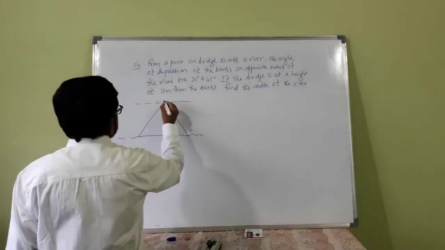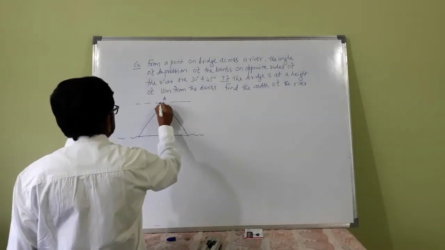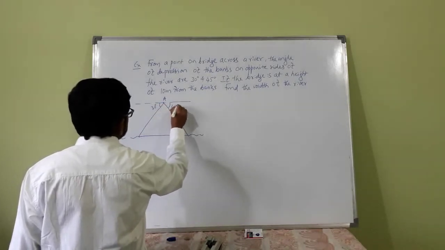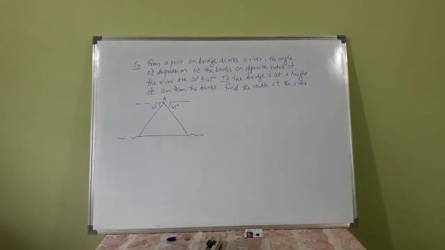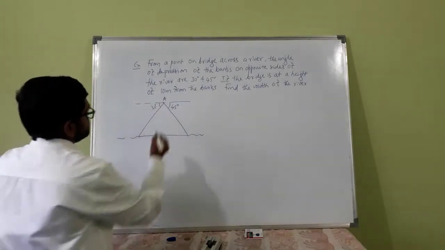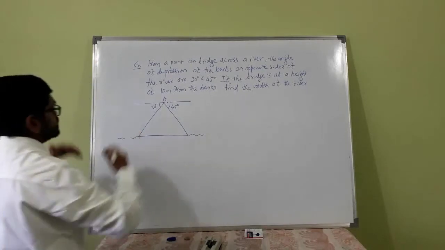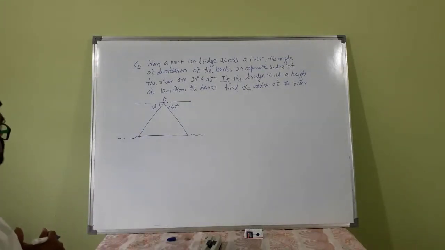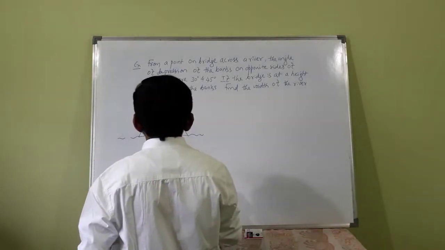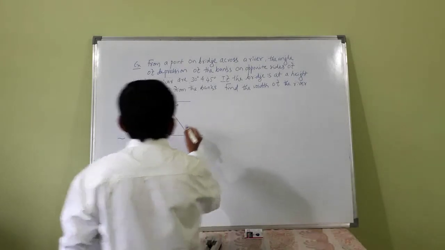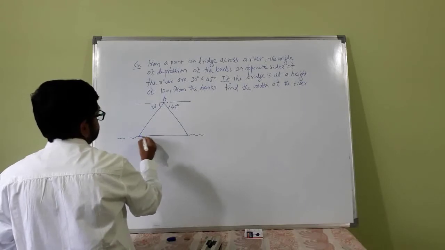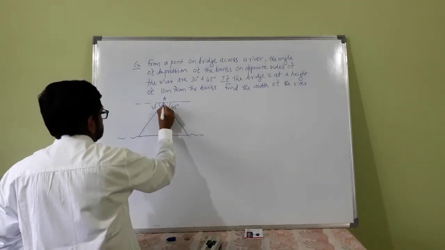See here, this is some 30 degree, either one of them you can take as 30 and another one is 45 degree. This is the line parallel to this river. The bridge is constructed parallel. Now what is asked is the width of the river. You are asked to find the width of this river. This height is given.